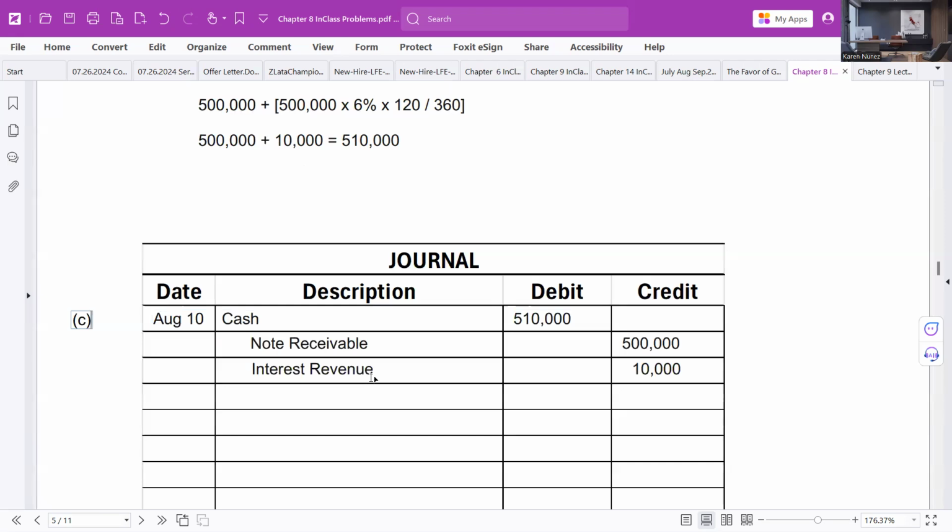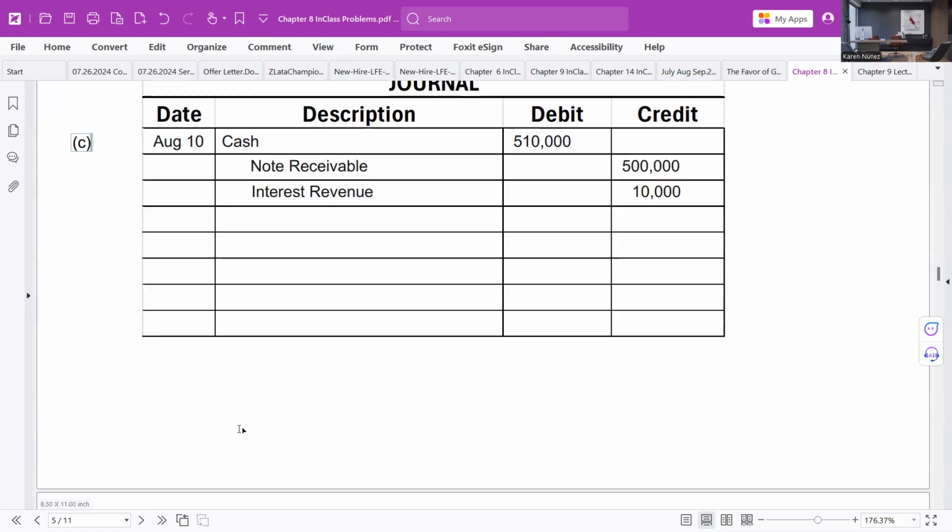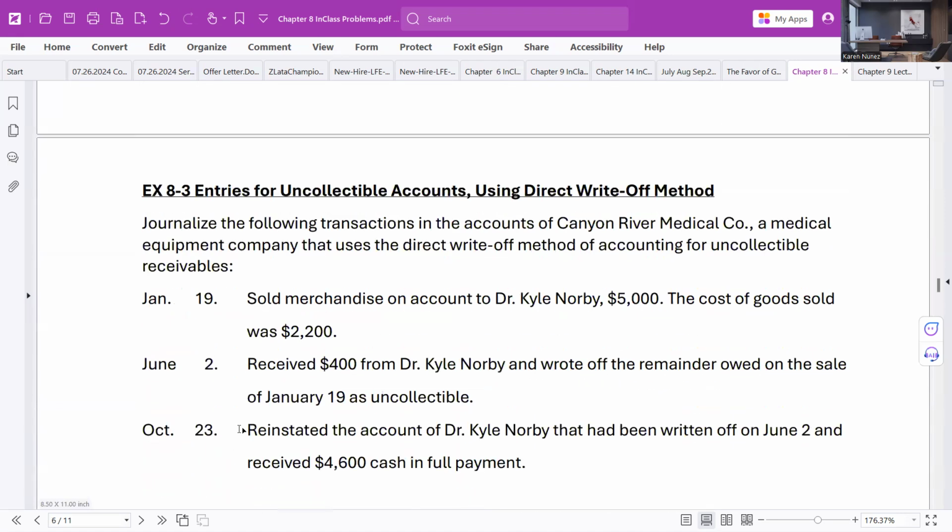Let's go back and take a look at our accounts receivable again. Let's look at some uncollectible accounts in exercises 8.3 and 8.4. So now in these exercises, we're not going to worry about the sale of the merchandise.